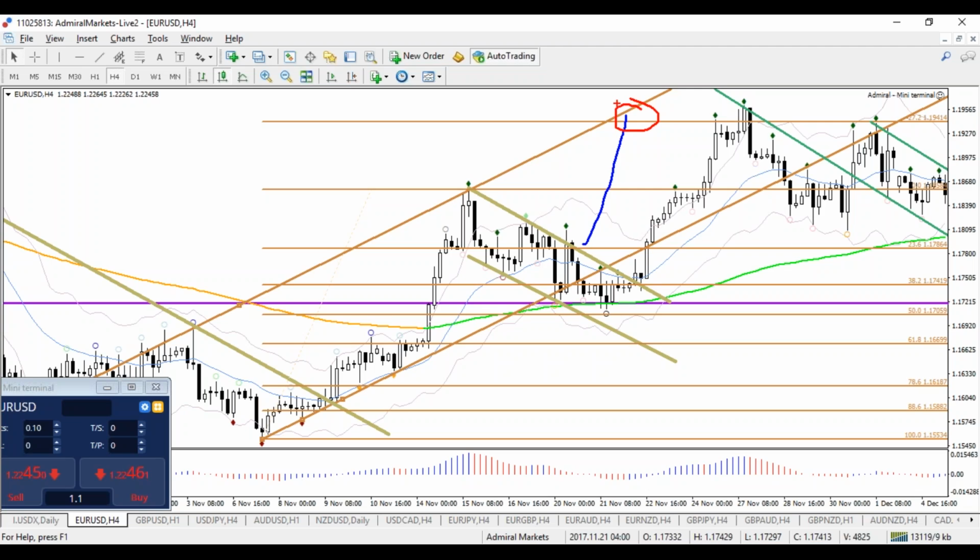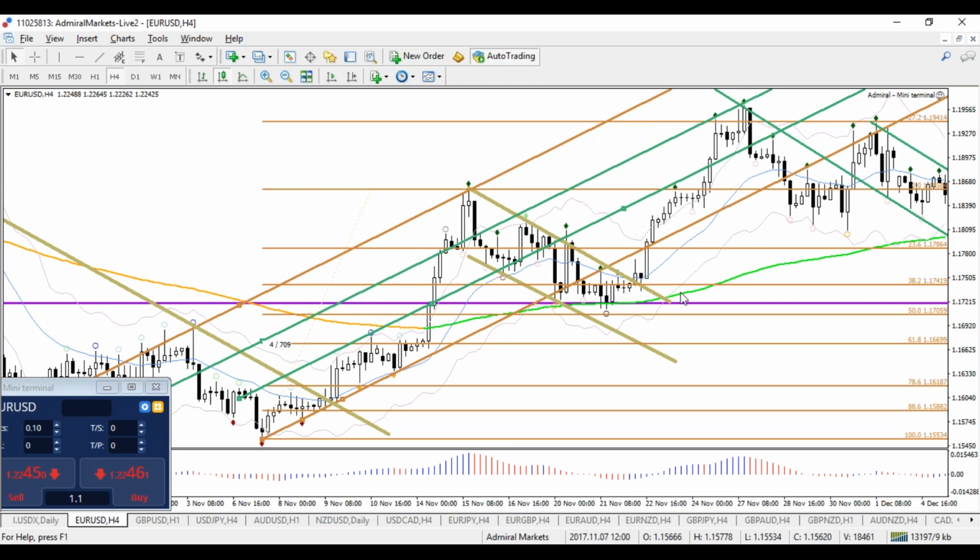So, okay, other things that are important: if you really like channels and you want to dive into details, then this might be for you. If you're not really a big channel fan, probably not for you, but you can also add lines in the channel. You can first of all add a middle line.